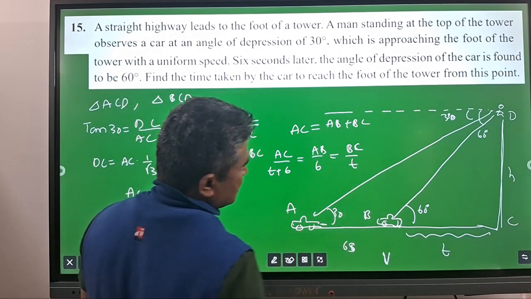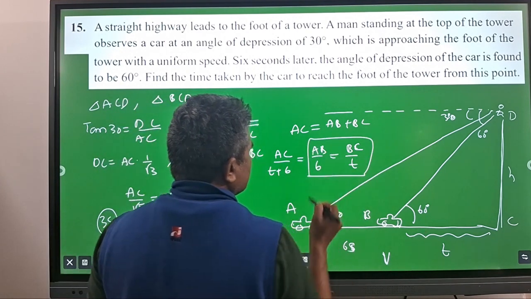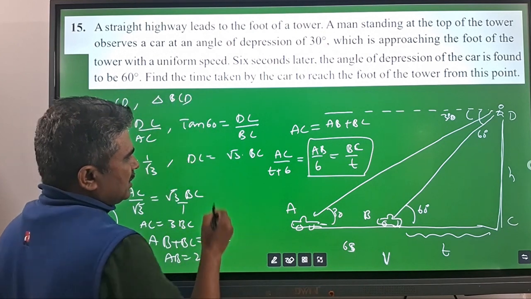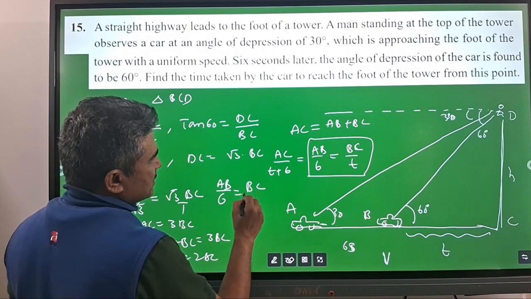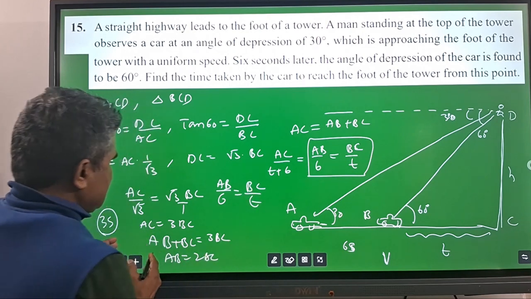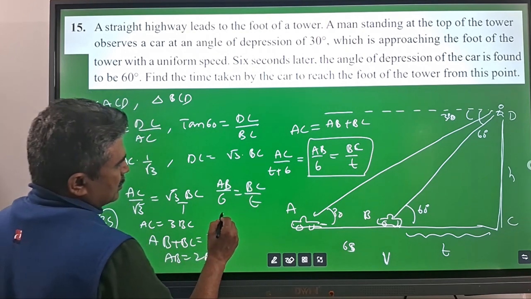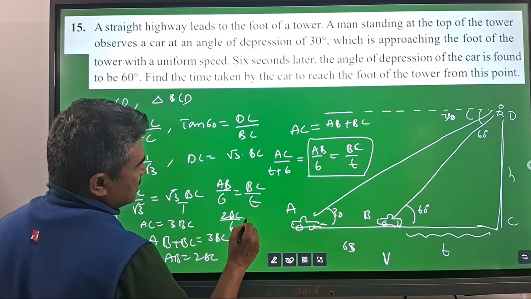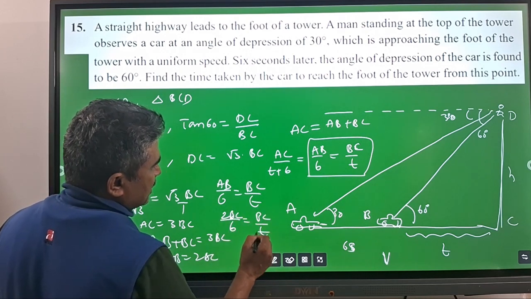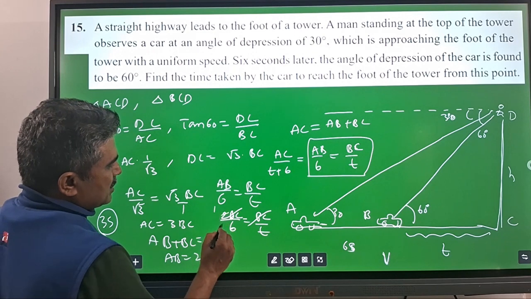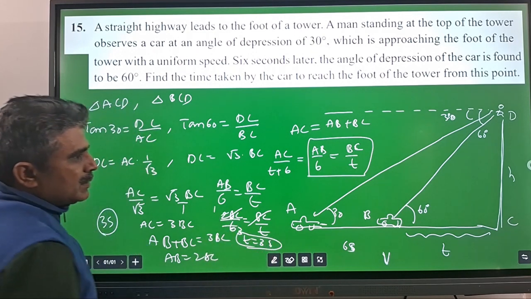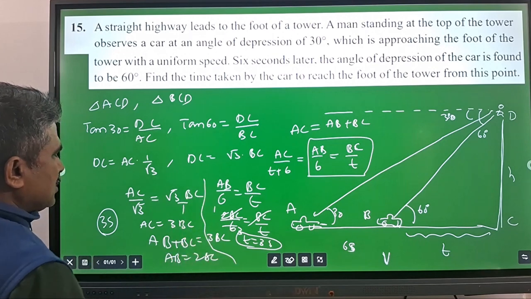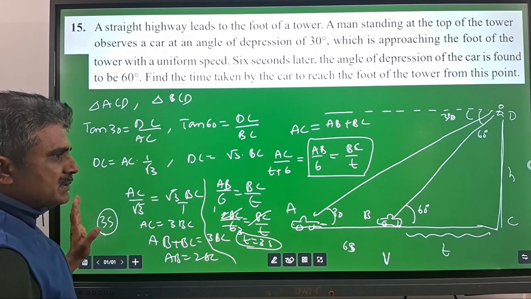So I am considering AB by 6 is equal to BC by T, whereas AB is double BC. So 2BC by 6 is equal to BC by T. BC gets cancelled, so T is equal to 3 seconds. So with the analytical approach also we can tell that 3 seconds is the answer.